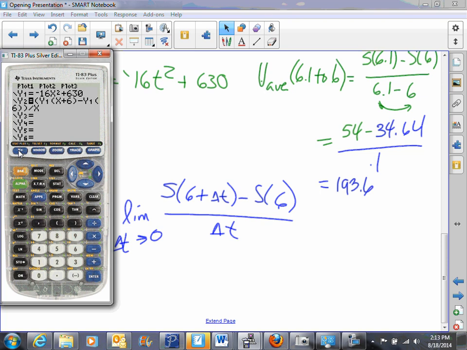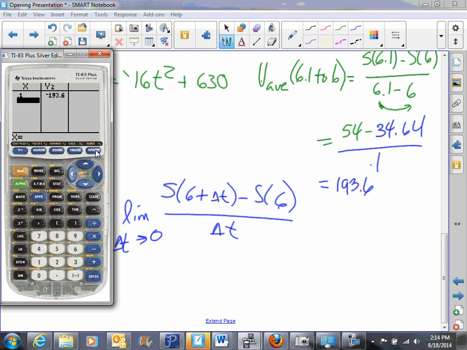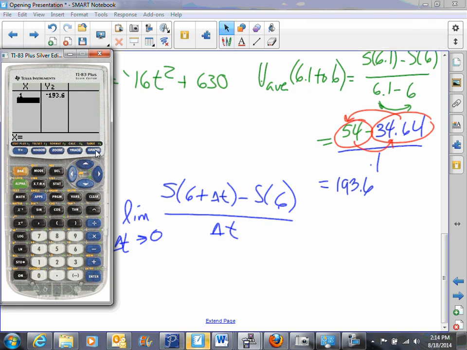Yeah, it would have to be negative because it's heading down. So notice here I've made a mistake. This 34.64 actually is s of 6.1, and this 54 is actually over here. So smaller minus larger is going to give us a negative number. So it should be negative 193.6.